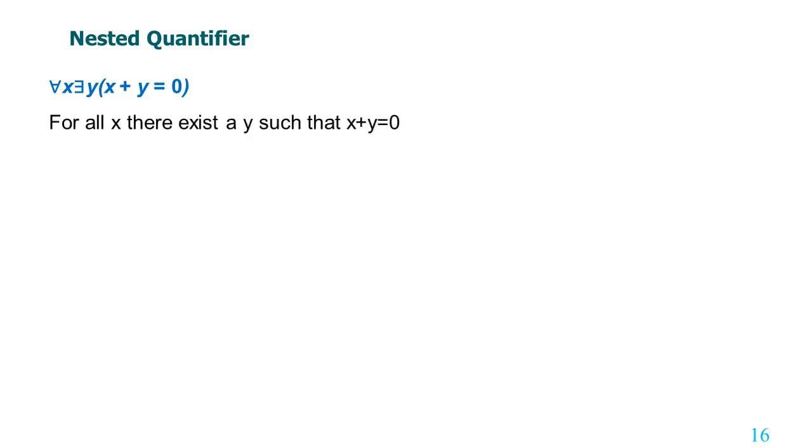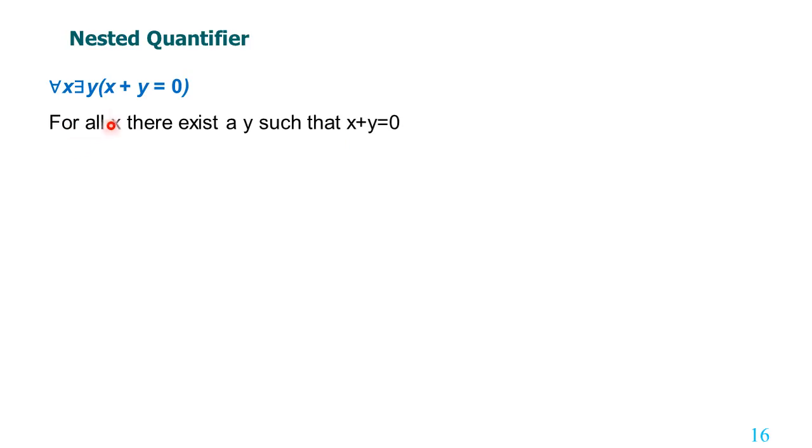Nested quantifiers. For example, the statement is read as: for all x there exists a y such that x plus y is equal to 0. Here there are two variables, x and y, and the two variables have different ranges.